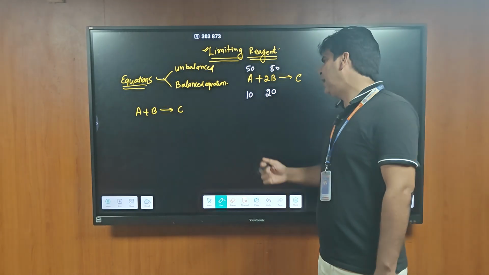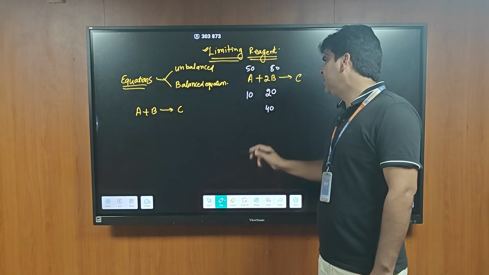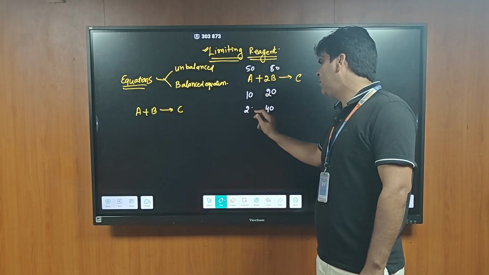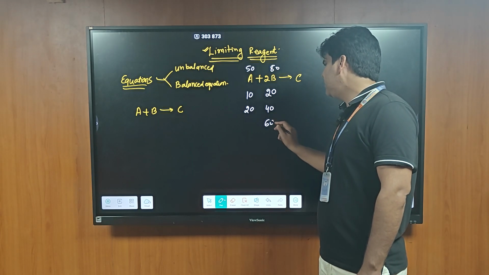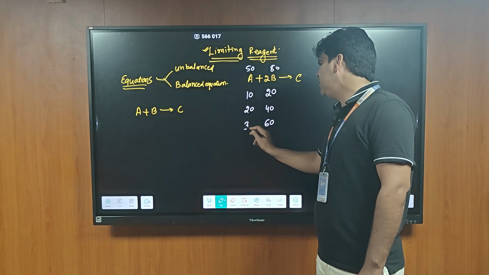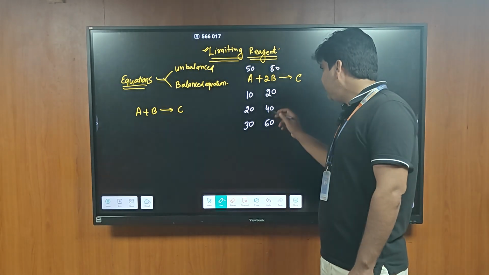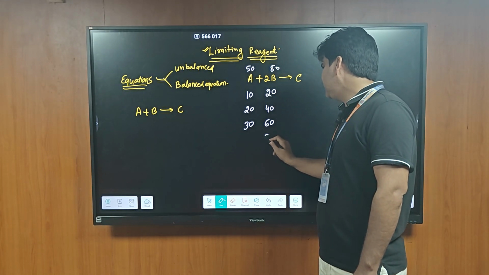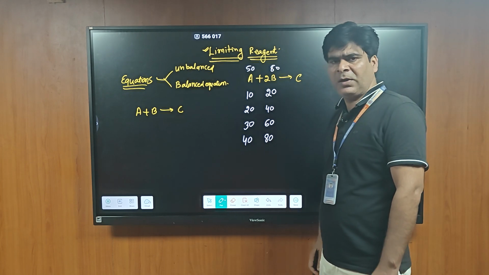Now again he spends 20, means total he spends 40, and this one 20. Again he spends total 60 and this one total 30. Now again he spends total 80 and this one total 40 rupees.